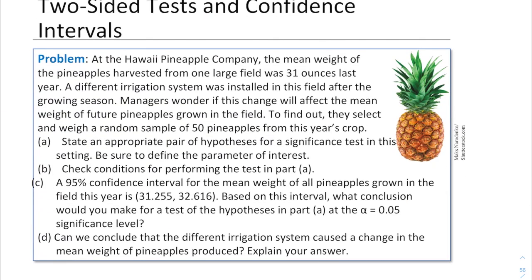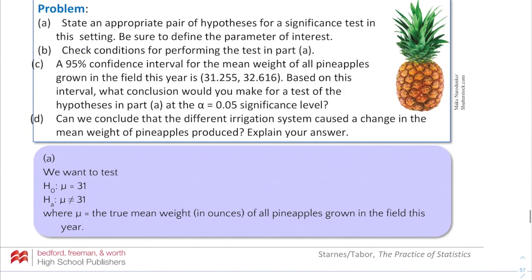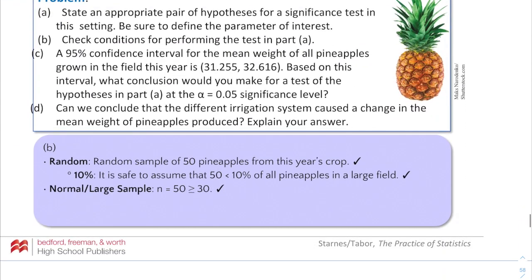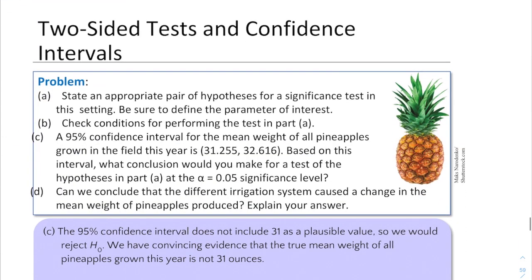So we could work out this next problem and it'd be the same thing. Stating your hypotheses, checking your conditions. Part C here, it gives us the actual confidence interval of 95%. And then you would then compare between the significance test and the confidence level.